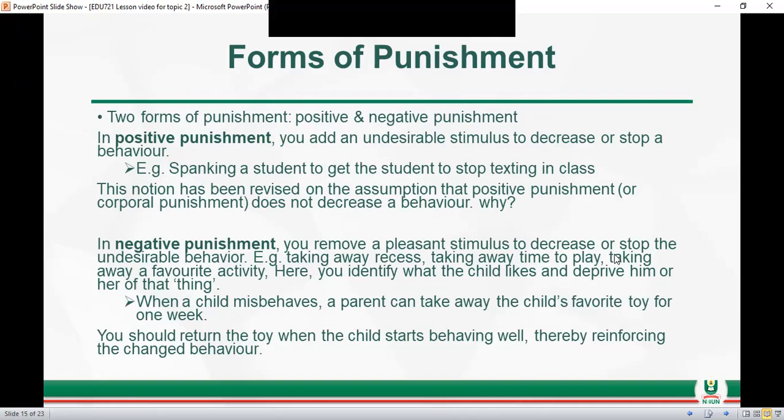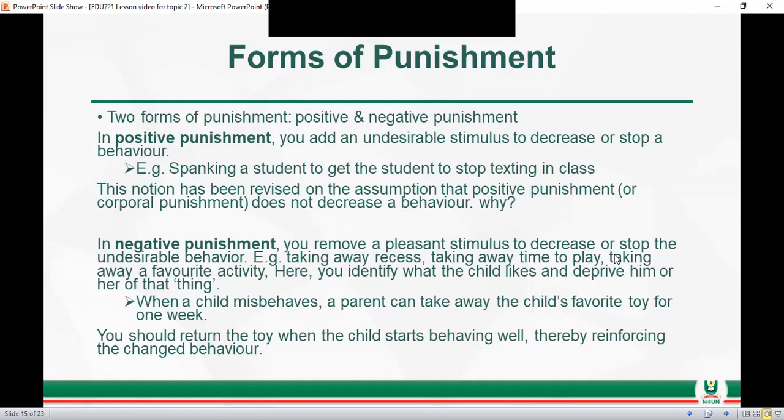Forms of punishment, like reinforcement, we said it comes in 2 forms. Also, punishment comes in 2 forms, positive punishment and negative punishment. In positive punishment, you add an undesirable stimulus to decrease or stop a behavior.